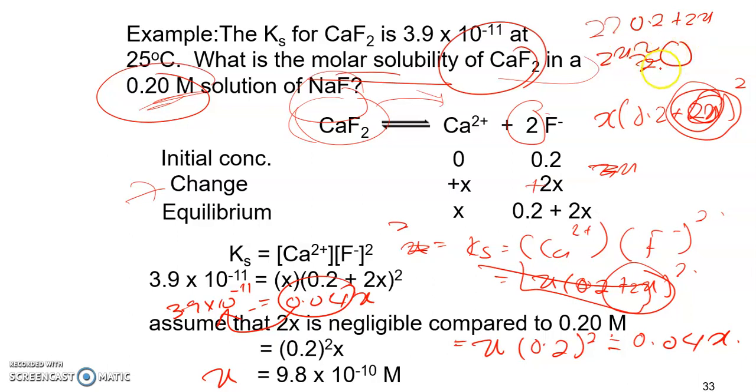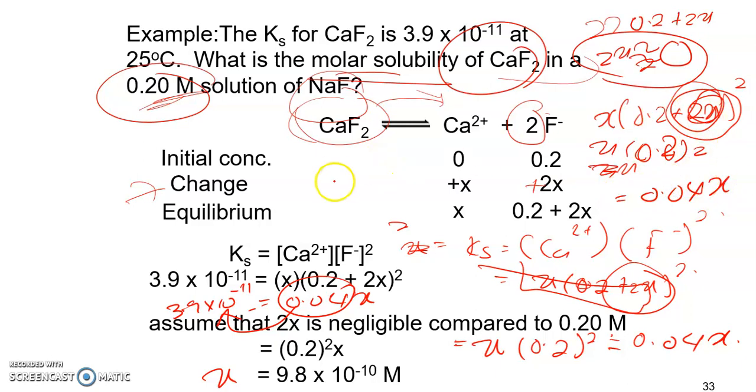That's why we can ignore it, because it is too dilute. We just use this value. That's why we have 0.04 S, because we already consider this 2S to be too dilute.